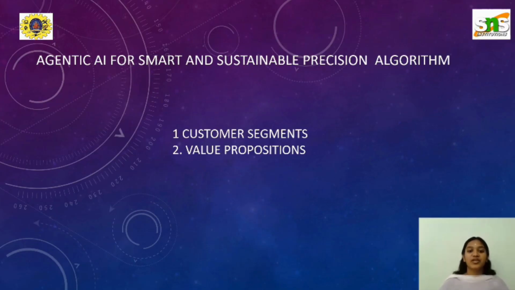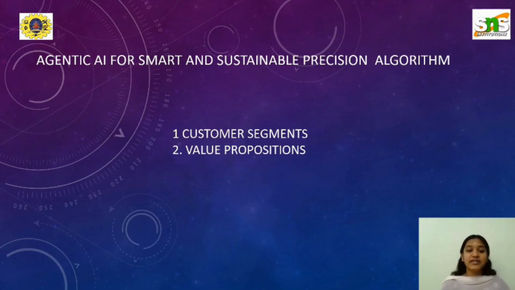And value proposition is actually about what value this business provides to them. It will be providing things like smart crop monitoring and water resource optimization.